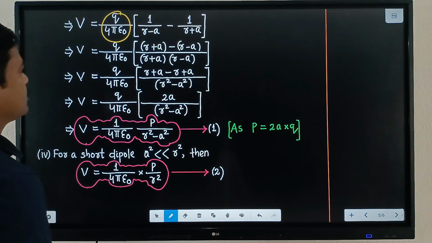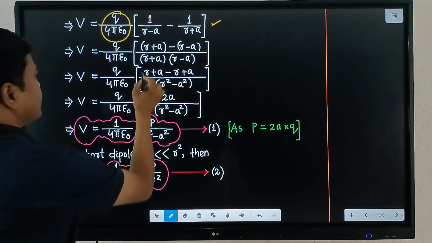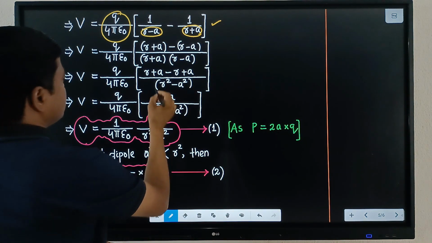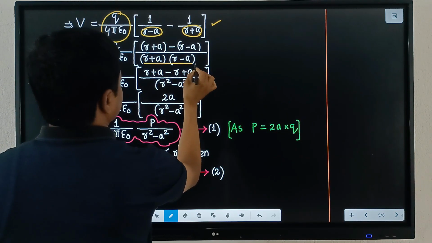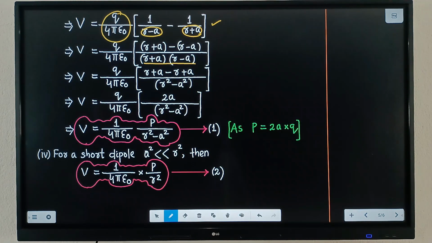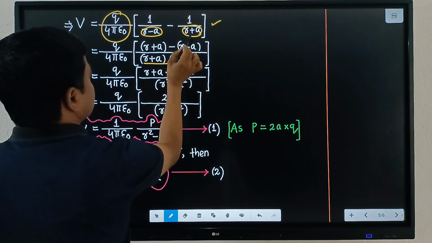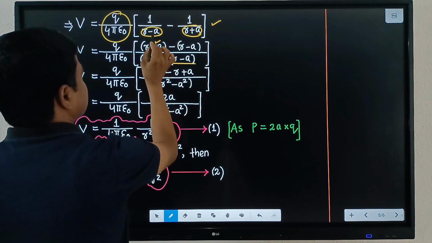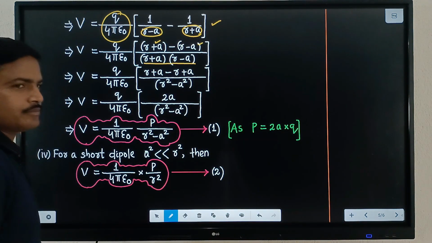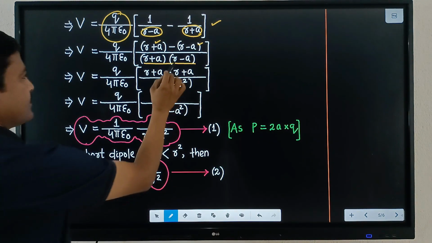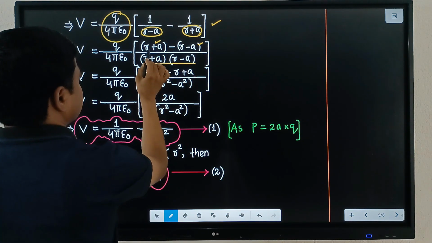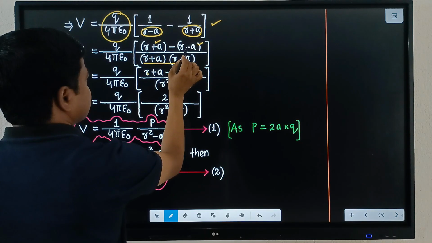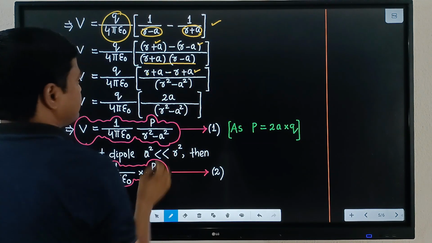If we solve this, r minus a is there, r plus a is there, we multiply these two, so that is r plus a multiplied by r minus a. In the upper part, by cross multiplication, 1 into r plus a is r plus a, and 1 into r minus a is r minus a. If we open the bracket, we write r plus a minus r, this negative now becomes positive, so plus a.